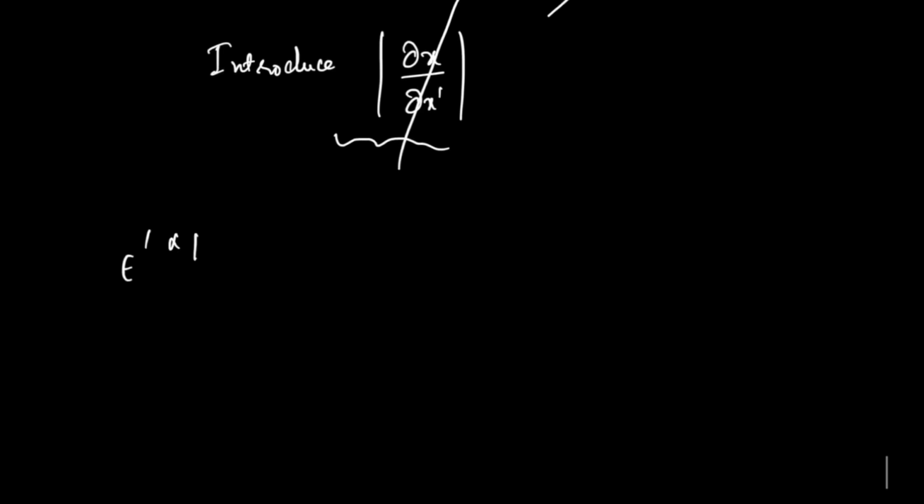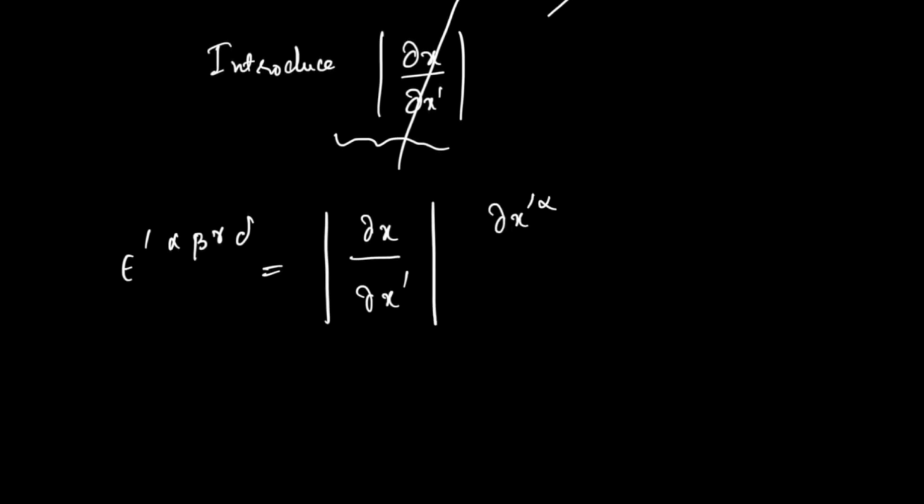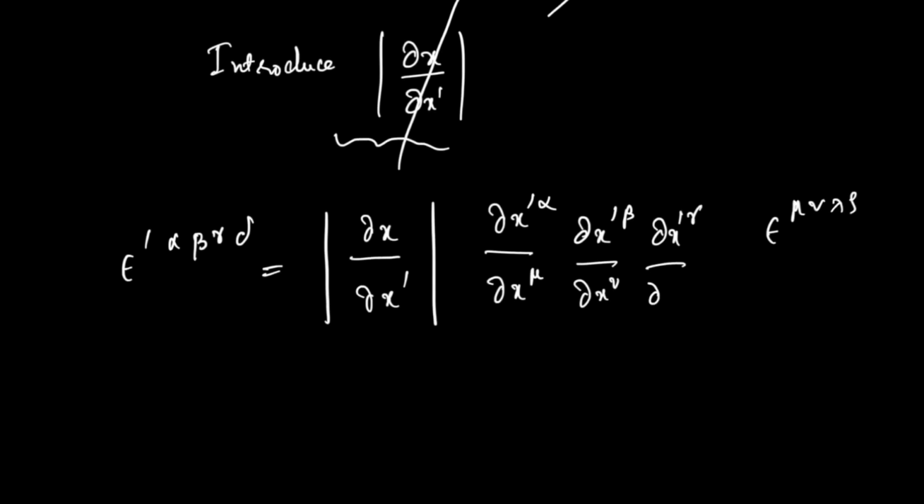Epsilon prime alpha beta gamma delta can be written as the partial derivative of x prime alpha with respect to x prime mu, times epsilon mu nu lambda rho, then partial derivative of x prime beta with respect to x nu, partial derivative of x prime gamma with respect to x lambda, partial derivative of x prime delta with respect to x rho.